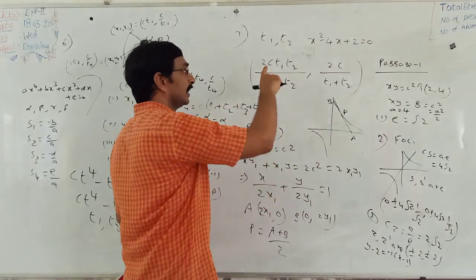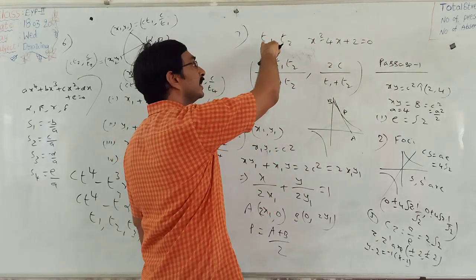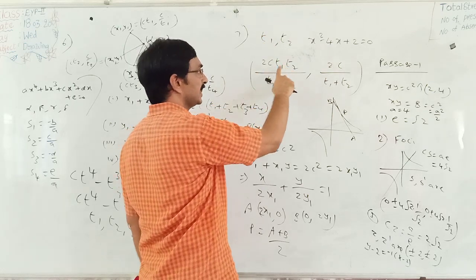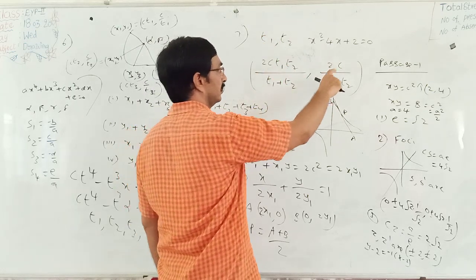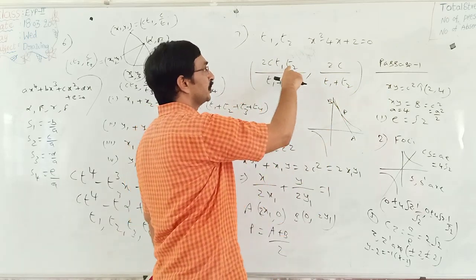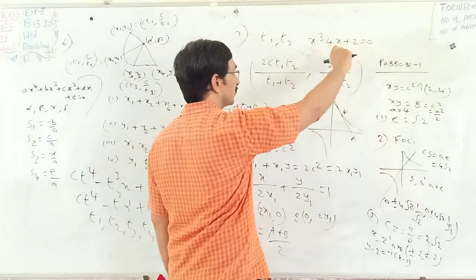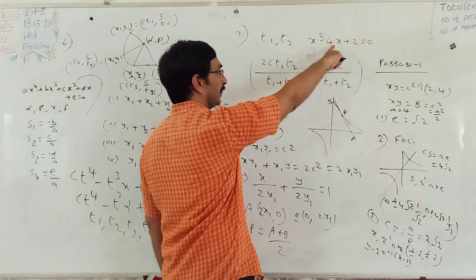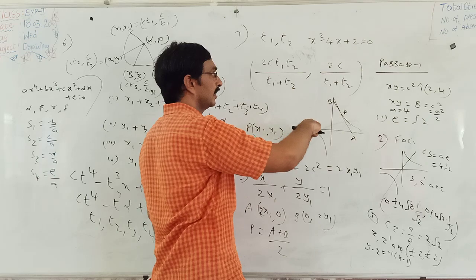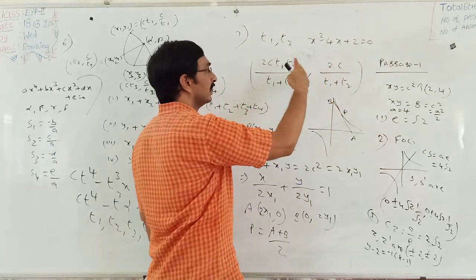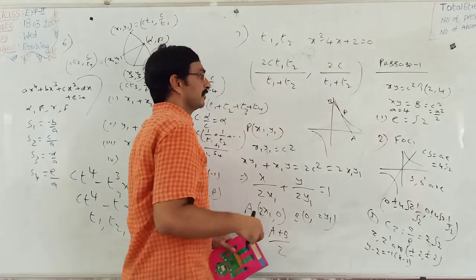Yesterday I told the point of intersection of tangents at t1, t2 has formula (2c t1 t2 by t1 plus t2, 2c by t1 plus t2). Clearly t1 t2 is the product of the roots, which is 2, and t1 plus t2 is the sum of the roots, minus of minus b by a, so plus 4. By substituting, we get the point of intersection in terms of c.